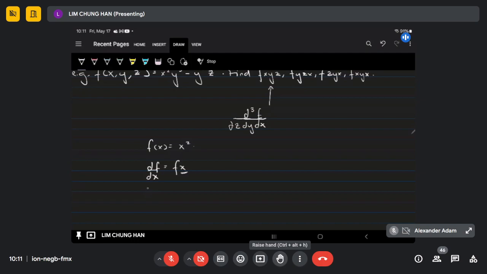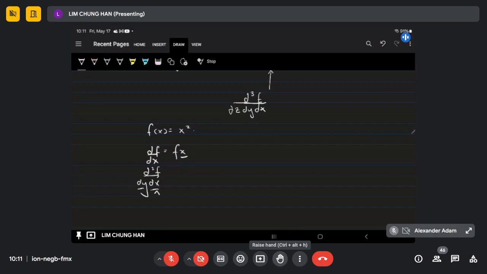And I can also go one higher: the second derivative. This one you've seen before, guys. We've done this before on Monday. This means you differentiate against x first, then you differentiate against y.